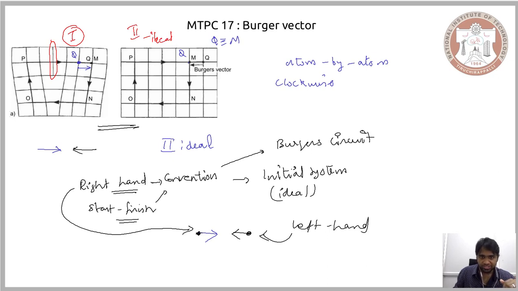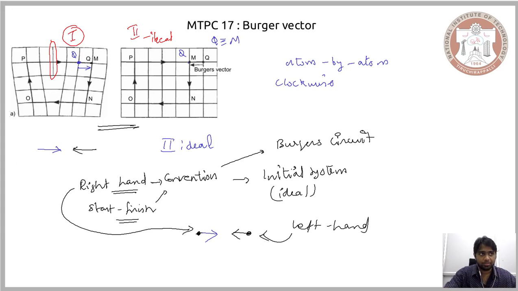With respect to the dislocation line, the Burgers vector in case of the edge dislocation is perpendicular. The direction is opposite along the perpendicular direction, but it is still perpendicular. Therefore, the characteristic feature of the Burgers vector to distinguish edge and screw dislocation is not disturbed by the convention. However, this convention renders different directions of the Burgers vector depending on which system you consider first. So this is one of the features of the construction of the Burgers circuit that we need to remember.